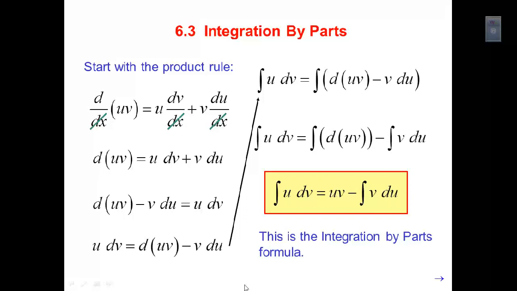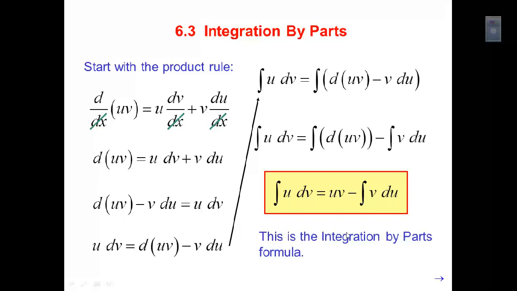Now, this is the integration by parts formula right there. That's what you're going to use. Now, in this case, you're going to notice that you've got u's and v's. In the last section, 6.2, we talked about u substitution. Well, in u substitution, you only had to choose one, then you took the derivative of it and got the du with respect to dx, and were able to solve those and interchange and plug in.